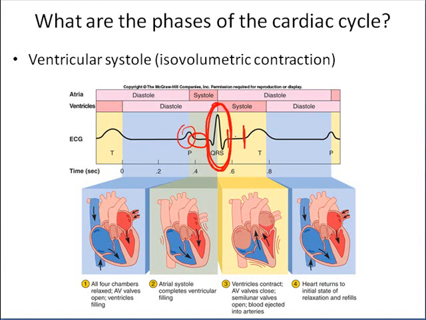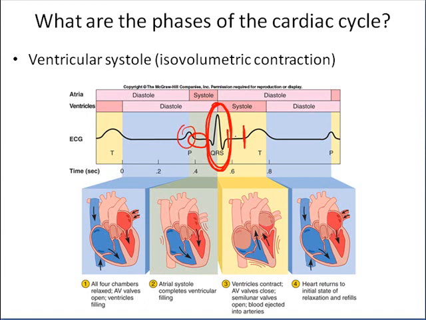So during ventricular contraction, this process involves obviously that pacemaker potential going from the SA node to the AV node, down the bundle to the bundle branches, up the Purkinje fibers, and then spreading out across the entire myocardium. And this causes contraction to begin to occur in the ventricles.